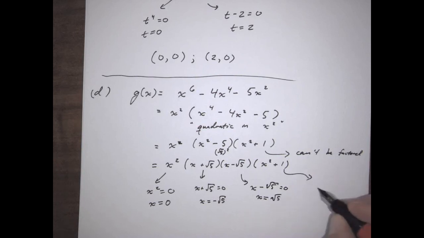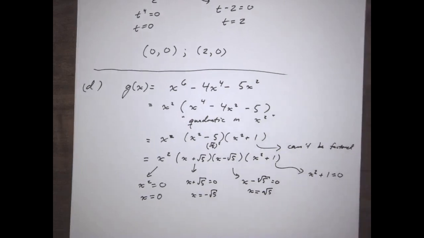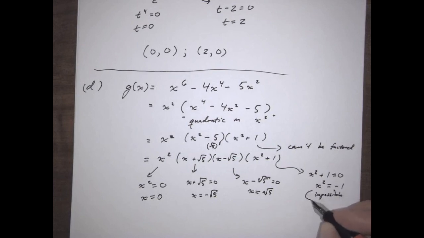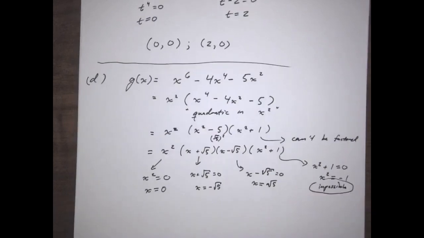What you have over here is x squared plus 1 equals 0, which, if we could solve that, we would have to subtract 1. So x squared equals -1, but this is impossible.